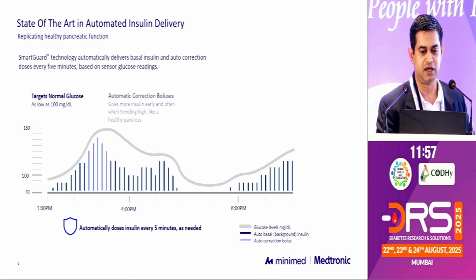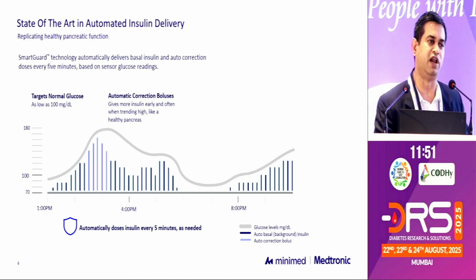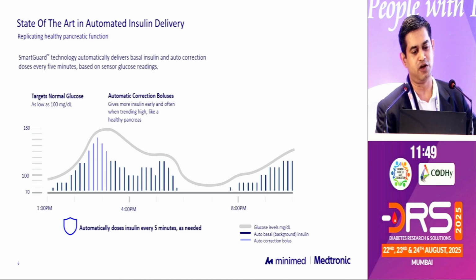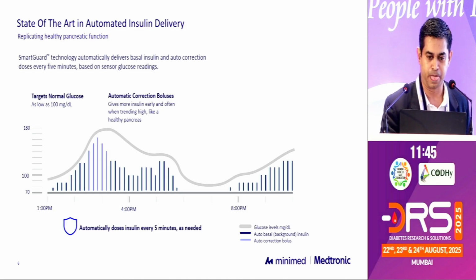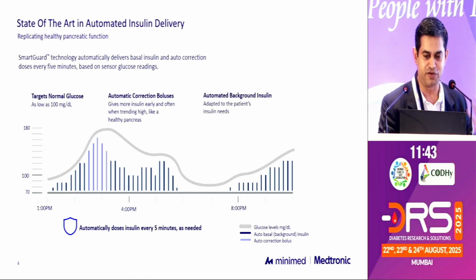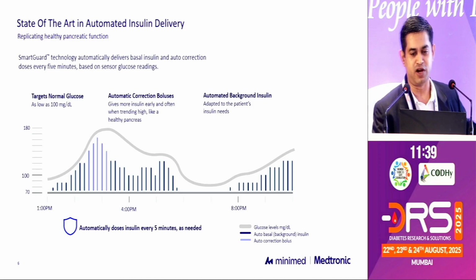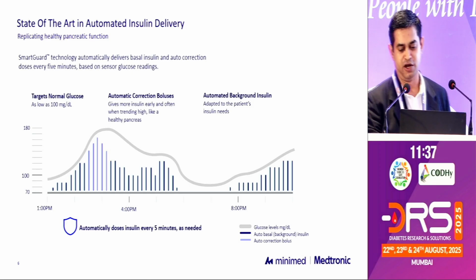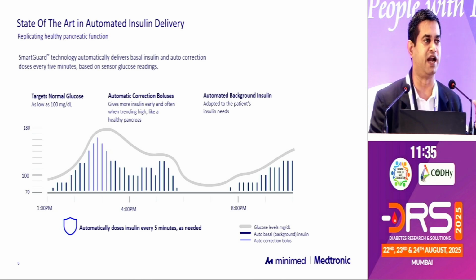Depending on that target, there is automatic basal, and if required, automated small correction boluses are also delivered to the individual to keep the glucose at 100, not more, not less. It's easy to say, but that's how the algorithm works. So this is the automated background insulin which keeps on happening. So adaptation is very, very important in an AID system.